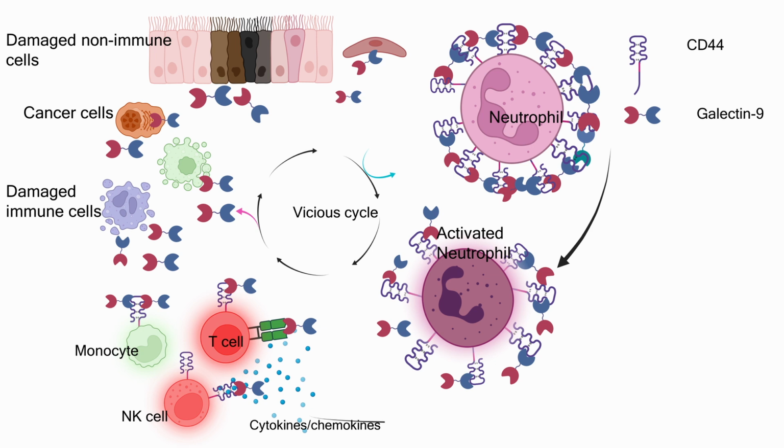And this creates a vicious cycle: more galectin activates more immune cells, which results in the release of more galectin-9, and it continues. So that's why GALs, especially galectin-9, can have a really important role. We have also started working on GAL8, Juan is sitting here, and we also started working on GAL3. So it's very interesting.